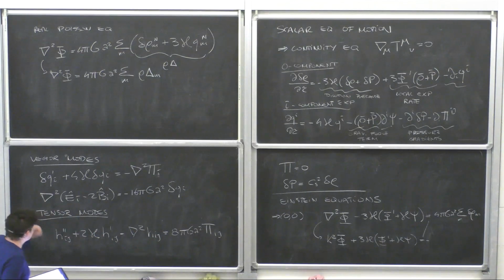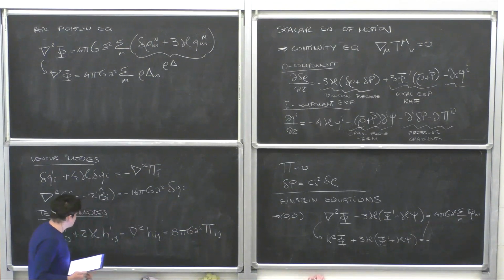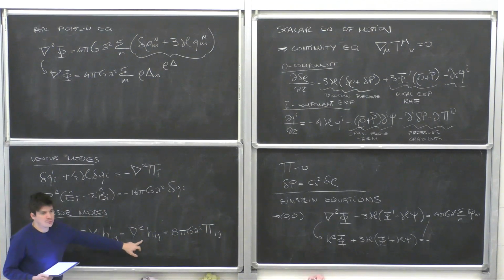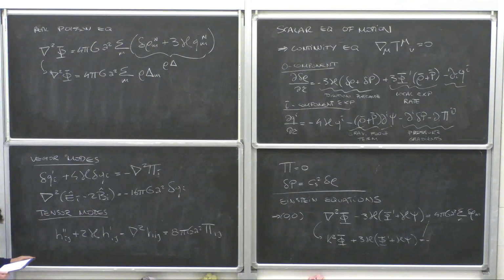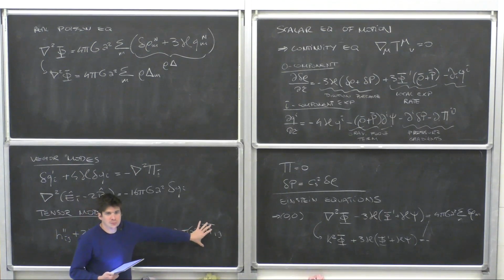But you see here a nice difference with respect to vector modes. Even when this goes to 0, so we have no source, what happens? Do a Fourier transform, so this is k squared. When we are above the horizon, this term goes away, this we assume is 0.